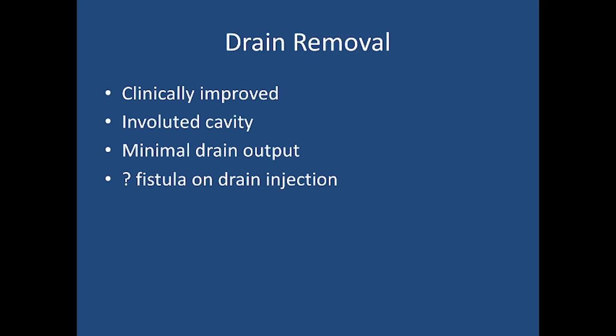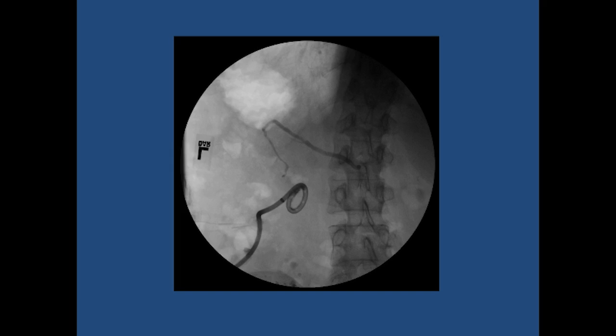a fistula still exists. In this example here, an abscess drain is injected with contrast under fluoroscopy. There is no longer any cavity, but what we do see is a persistent fistula to the pancreatic duct. Now, the presence of a fistula itself does not preclude removal of a drain.